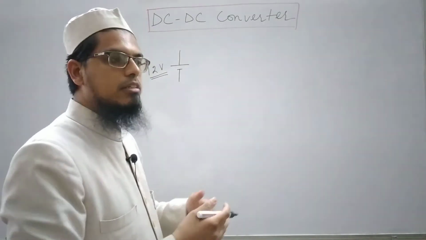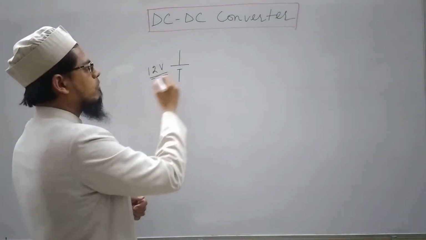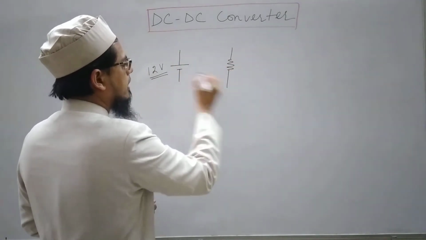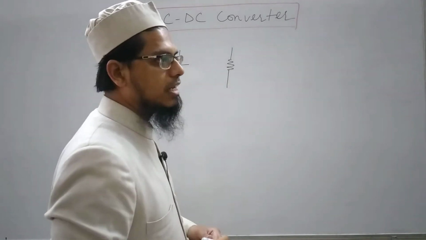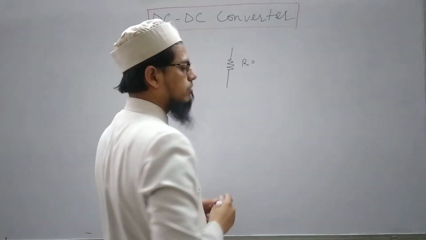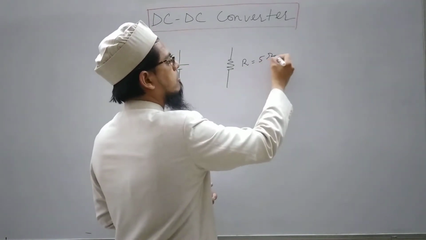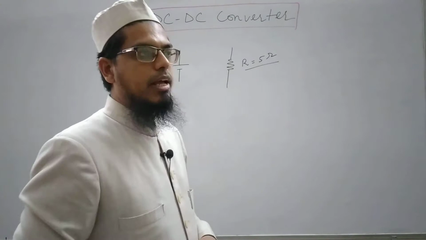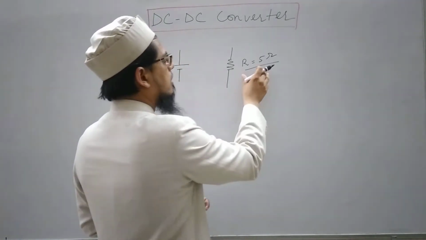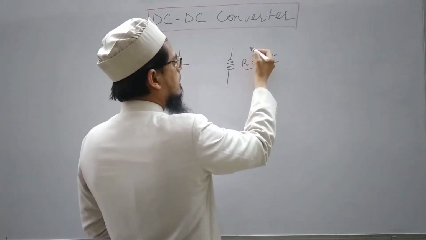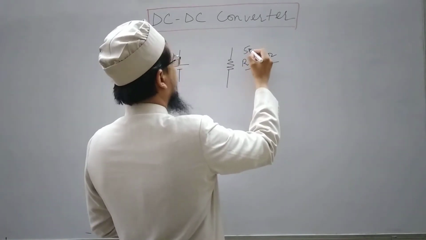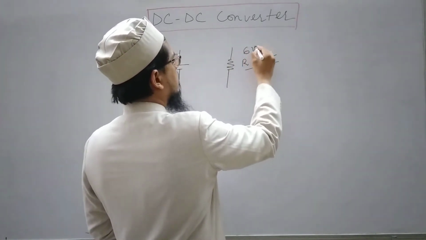So consider that battery, a 12 volt battery, and say I have a load, and again for simplicity I am assuming a resistive load. So this resistive load R, say it is a 5 ohm load, and the requirement is that the voltage that is allowed to appear across this resistor is say 6 volts.